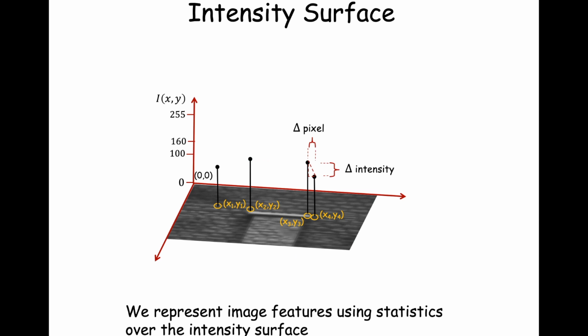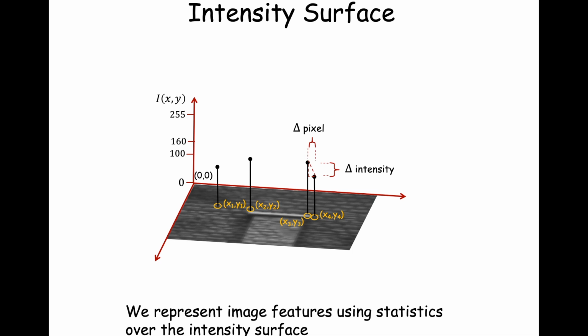Okay, so how do we do this? Well, we represent image features using statistics over the intensity surface. And the particular statistic we're going to look at is the change in intensity surface, in this case the change in the z-axis, delta intensity, with respect to the change in the pixel value.